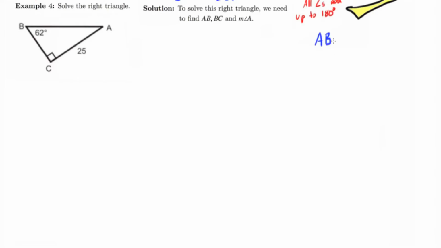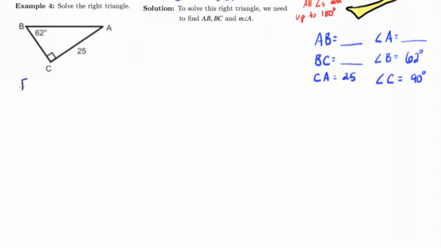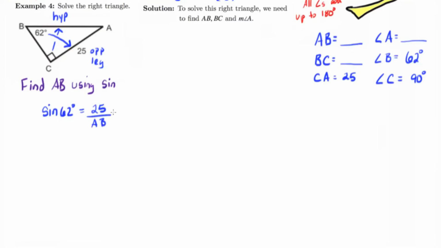Next example, example 4. Same thing, I need to find all 3 sides and 3 angles. In this case, I know 2 angles and one side, so I can find AB using sine. This time we're going to use regular sine because I'm looking for a side. If I were looking for an angle, I would use the inverse sine.